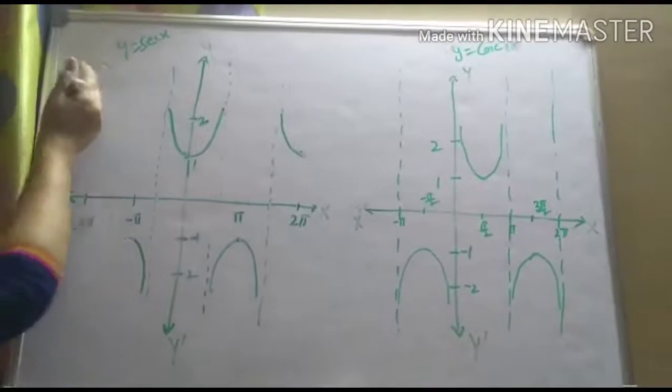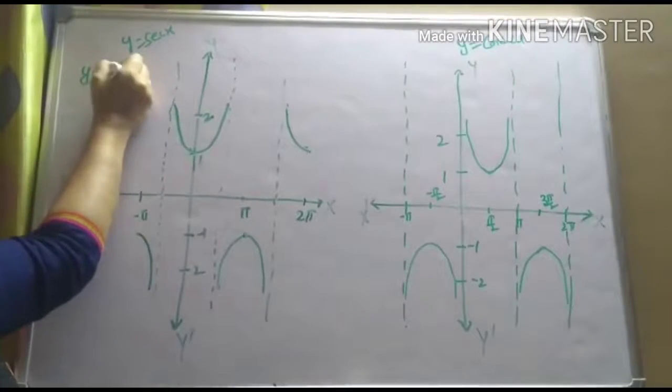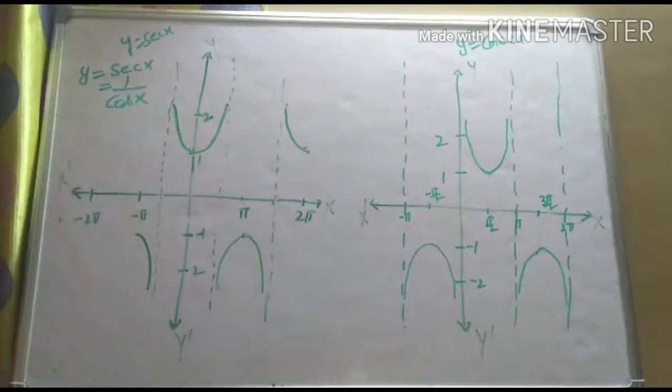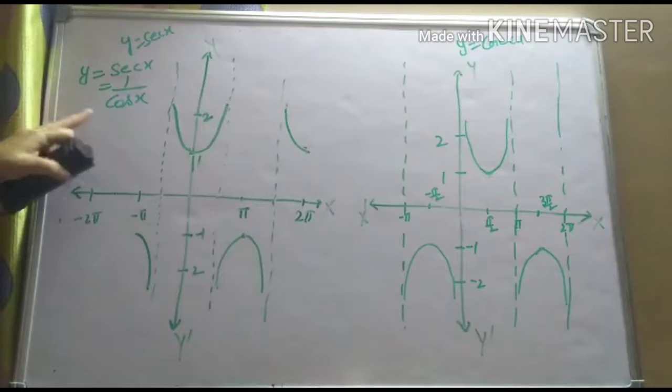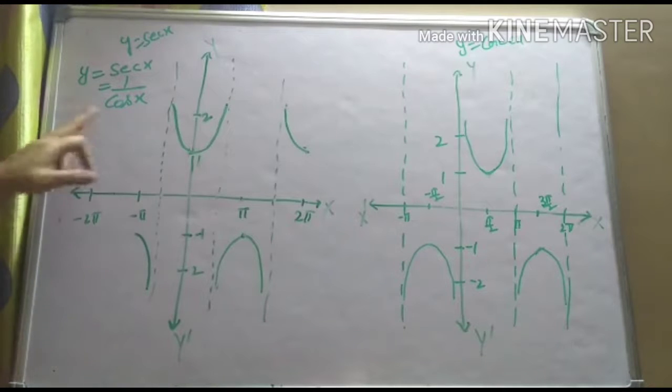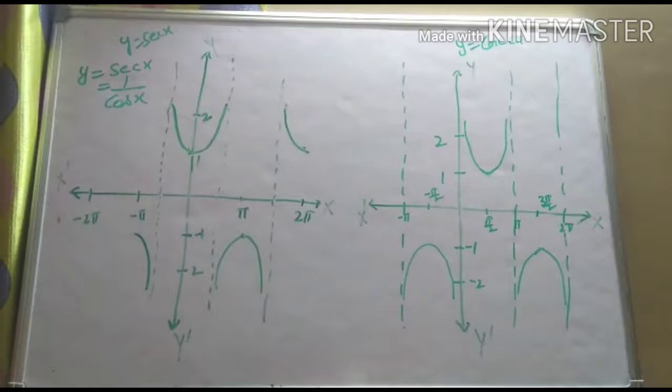Now, what is the domain of secant x? We can write it as 1 upon cos x. Now, y is defined only when cos x is not equal to 0. It means x is not equal to 2n plus 1 into pi by 2.